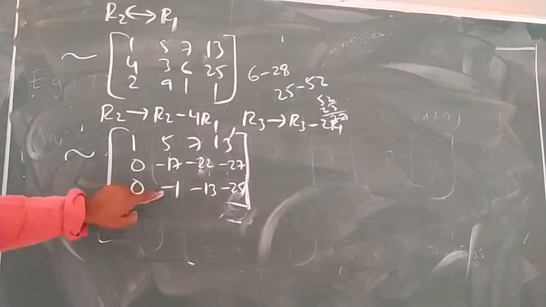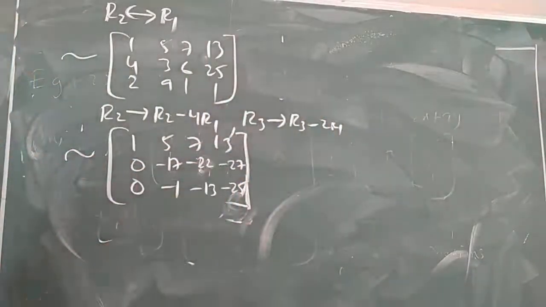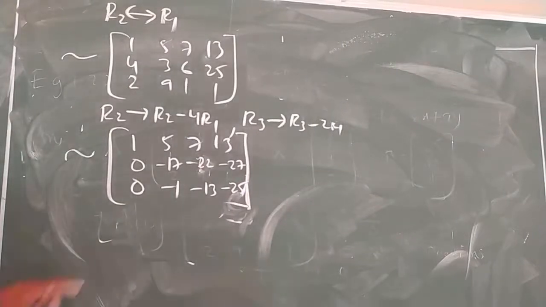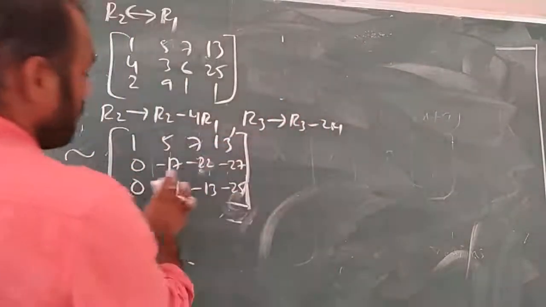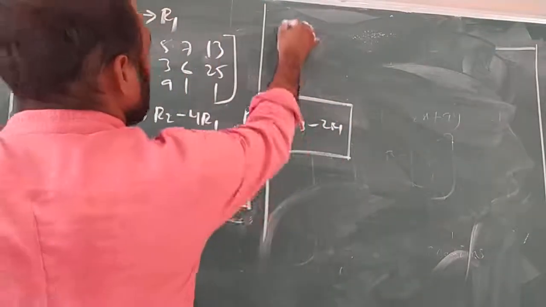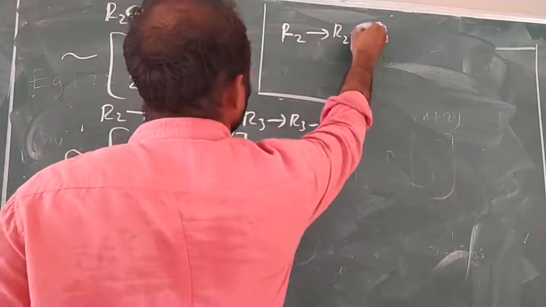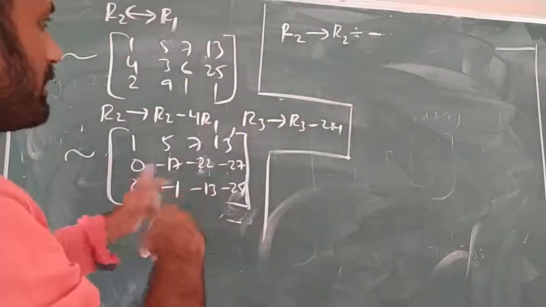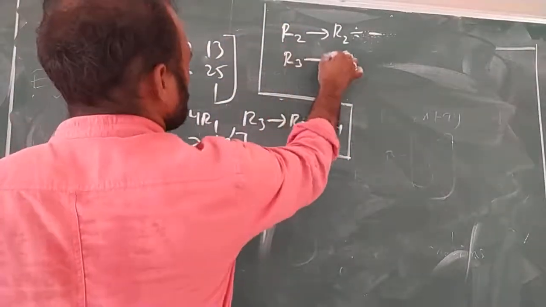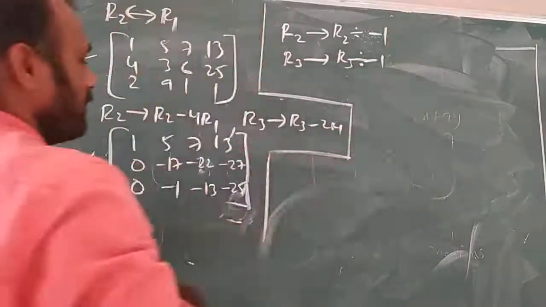Next, let us see the operation to be done. So all are minus symbols now. I can do a replacement of row 2: I will divide row 2 by minus 1, so I can cancel all the minus signs, and row 3 also I will divide by minus 1.